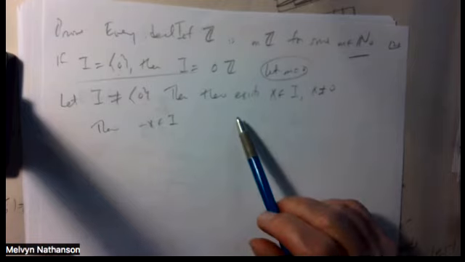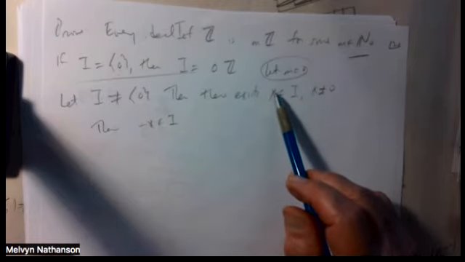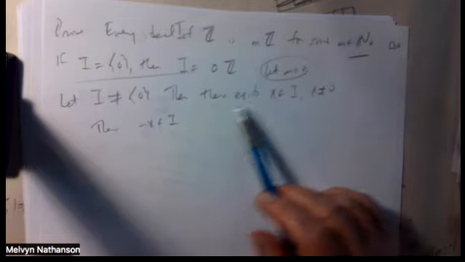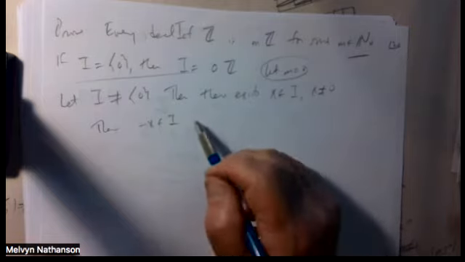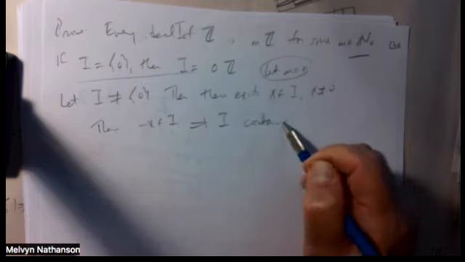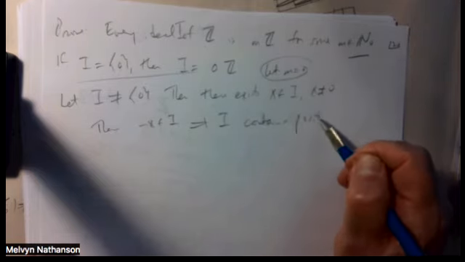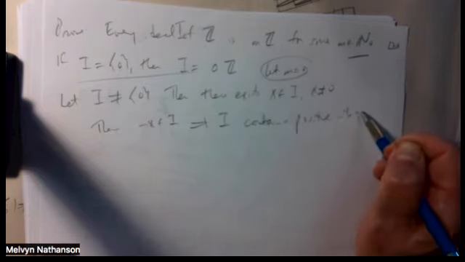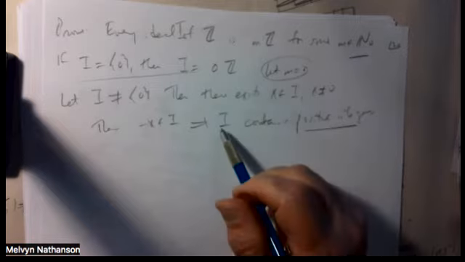So if you take any integer x different from 0, either x is positive or x is negative and minus x is positive. So that means I contains positive integers. There's some positive integer in I.